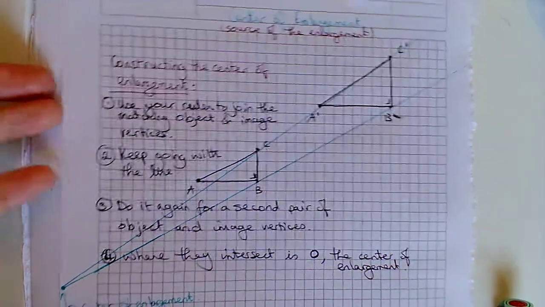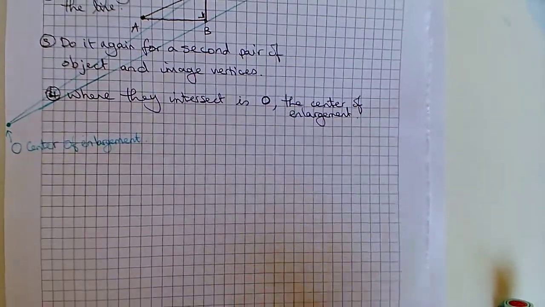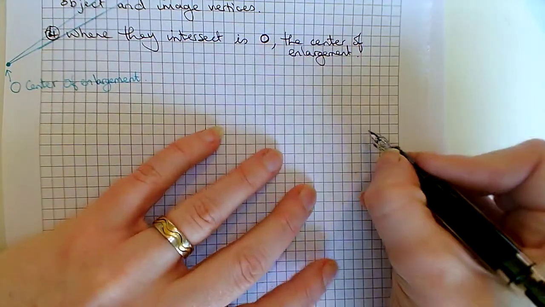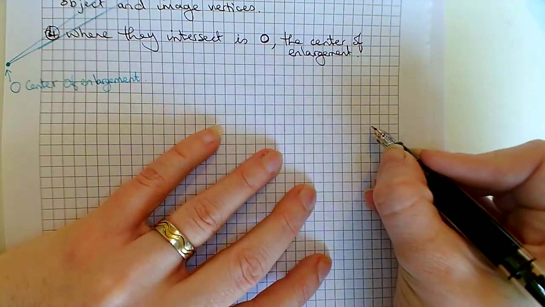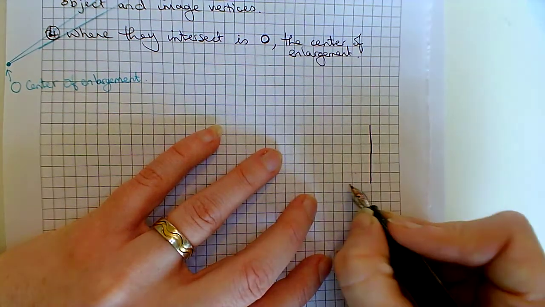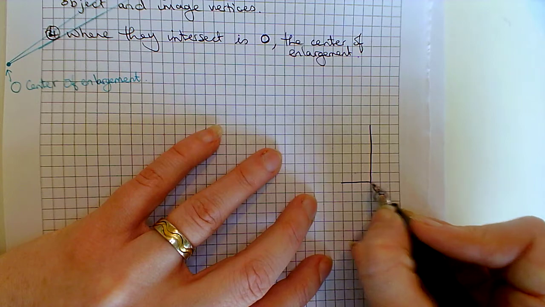So let me do that again with something that will hopefully work out a little bit better. If I use smaller triangles, it should work. So let's do one here with 1, 2, 3, 4, 5, 6, and 1, 2, 3.